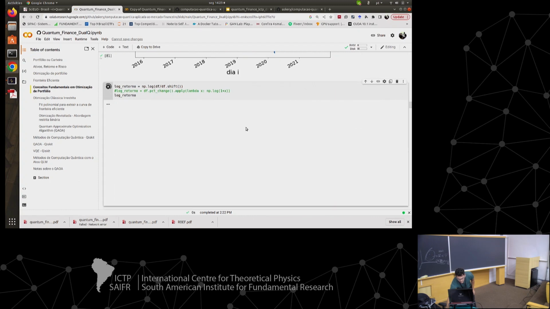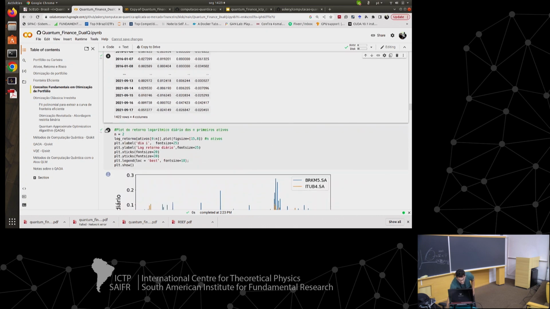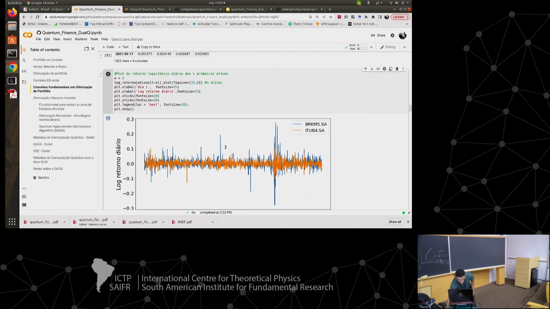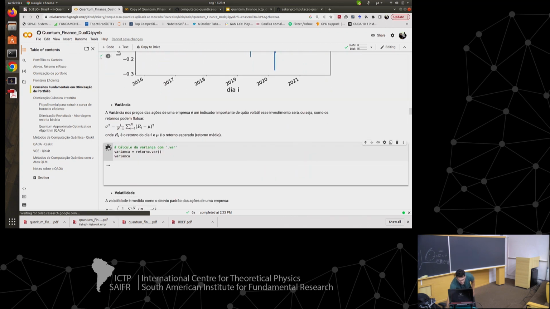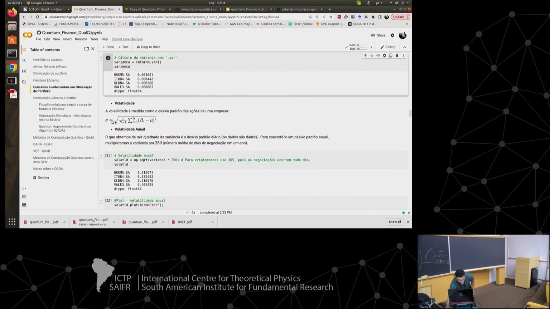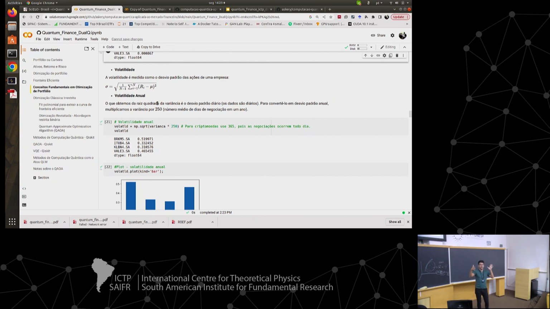So I did this for all the assets I defined. I don't know why I'm repeating it here; if it's too repetitive, just skip. Then I'm calculating the variance and the volatility. You compute it on a daily basis, and then you make it annual.